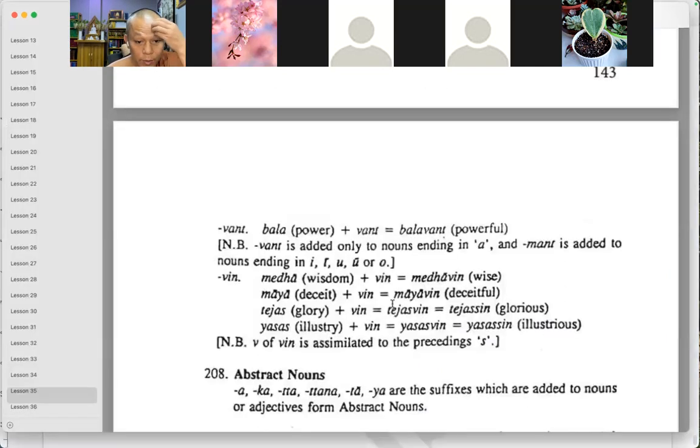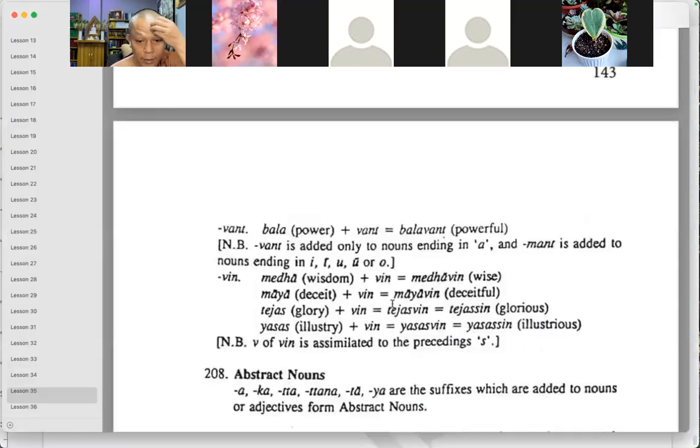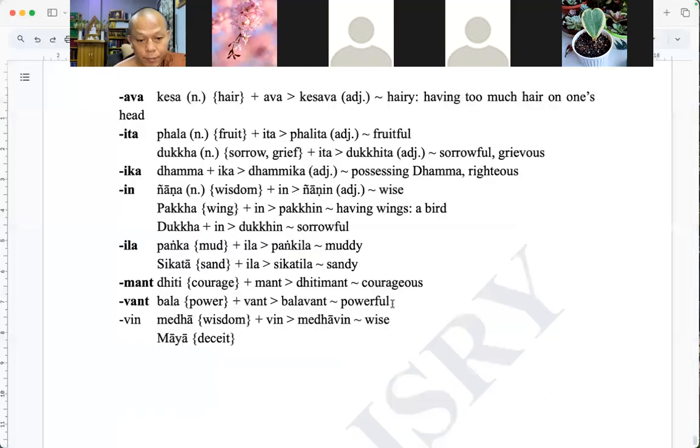And then another word is Maya. Maya means the seed. And then vin, so Mayavin. So the seed food.